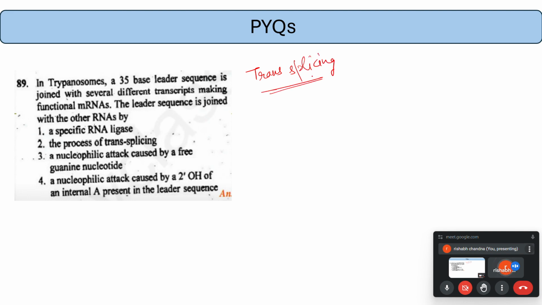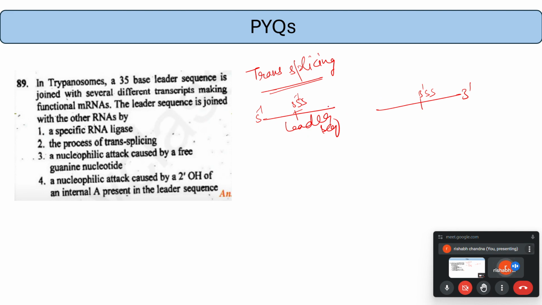Okay, so here this is the first part of the mRNA. This is 5' and this is called a leader sequence. It has a 5' splice site, and the other part, that is the 3' here, is the 3' splice site.